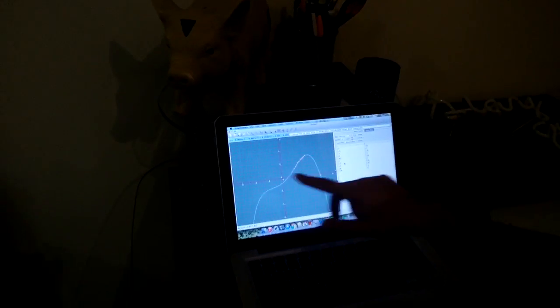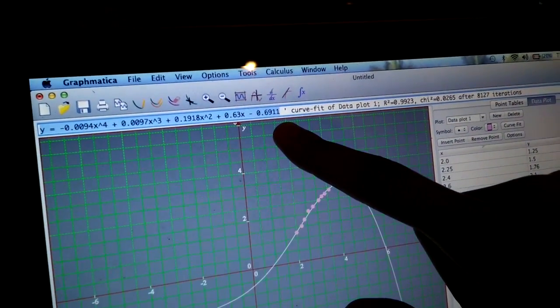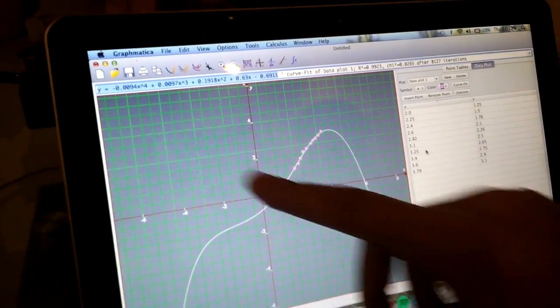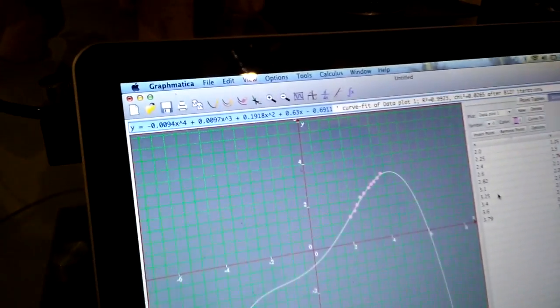Then we got our equation, shown labeled in our application, and this is the equation we're going to use to get our antiderivative. We're going to get the integral of it, and then do a process of substitution using b minus a, substituting on the x value, and after that we get our final answer.